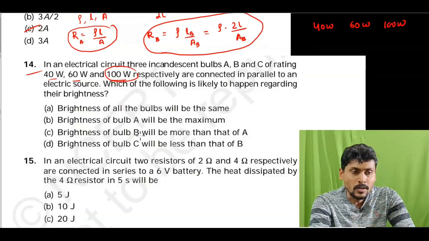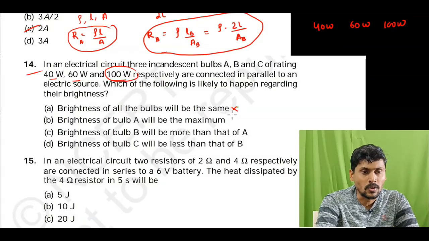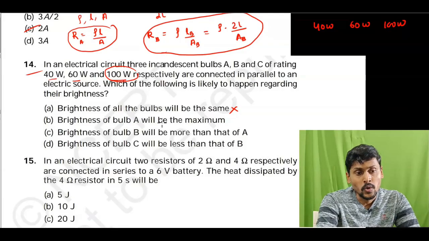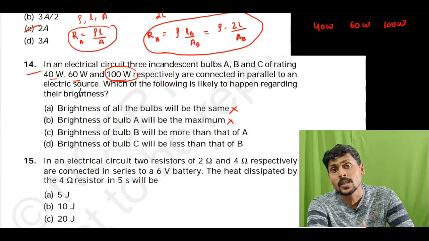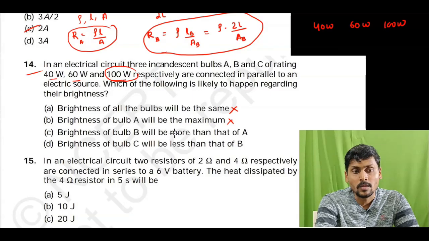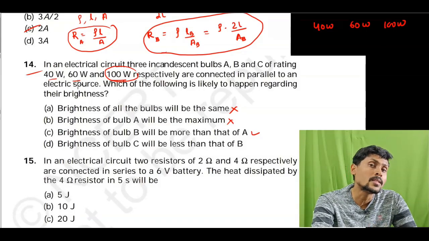So now read all the options. The first option is that brightness of all the bulbs will be same. This is wrong. Second option, brightness of bulb A will be maximum. Again it is wrong, because bulb A has minimum power, so it will have minimum brightness. Option C, brightness of bulb B will be more than bulb A. Yes, this is correct, because bulb B has 60 watt and bulb A has less power, 40 watt.